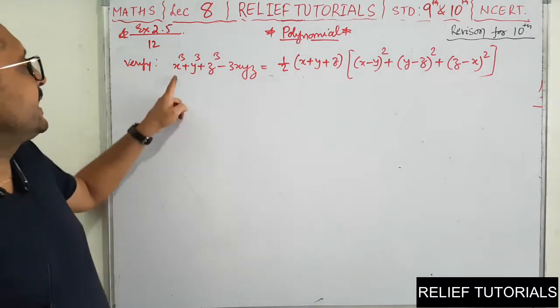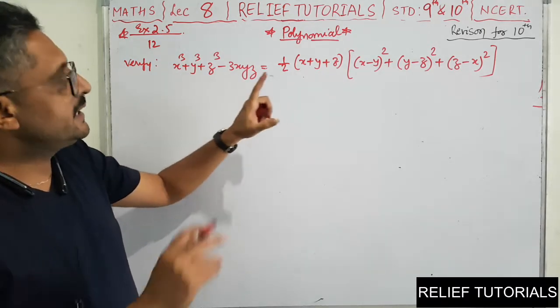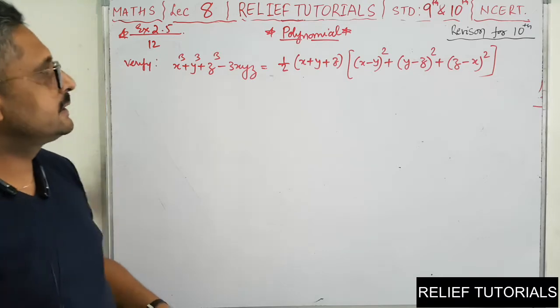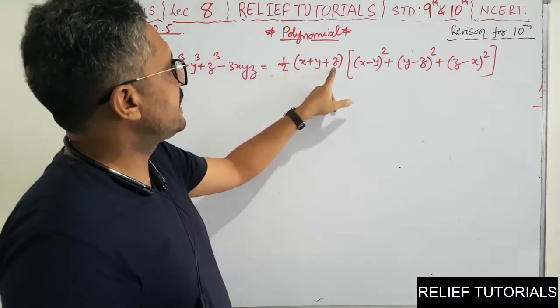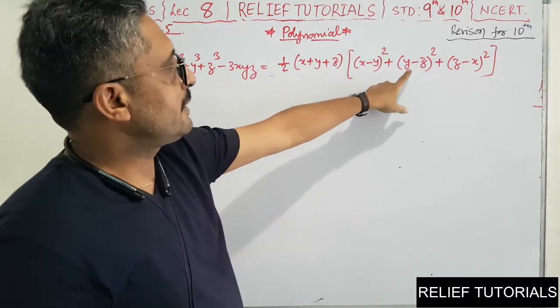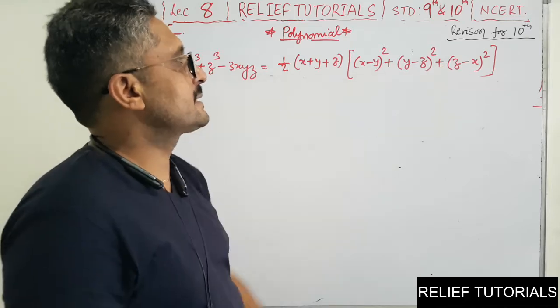The same identity, a cube plus b cube plus c cube minus 3abc, in some different form.